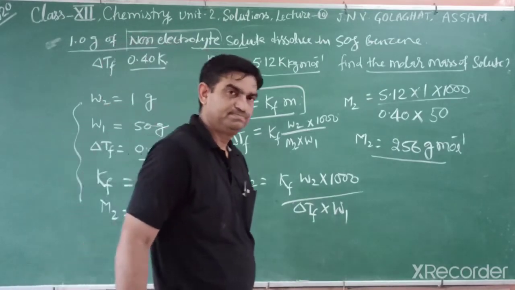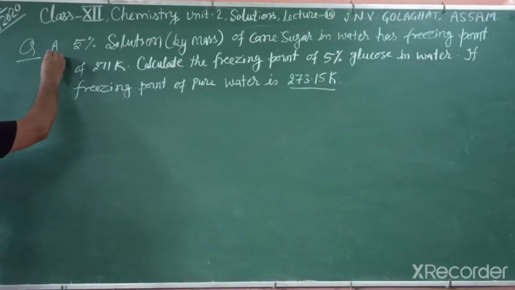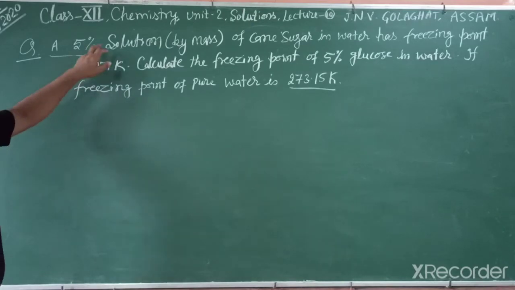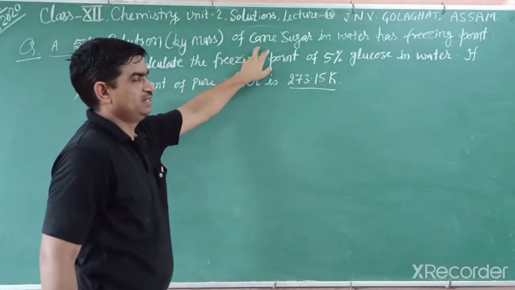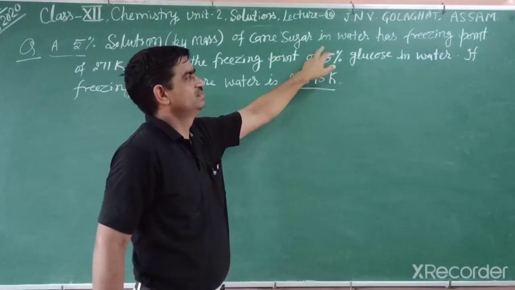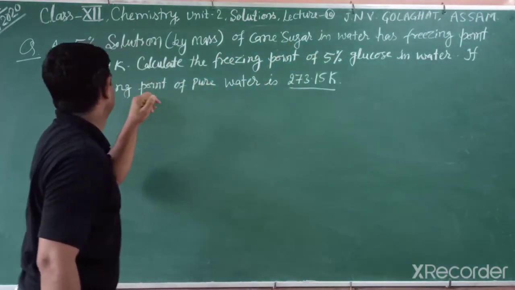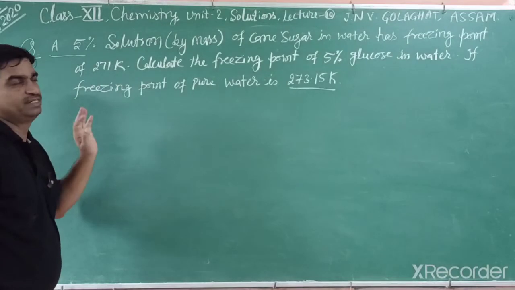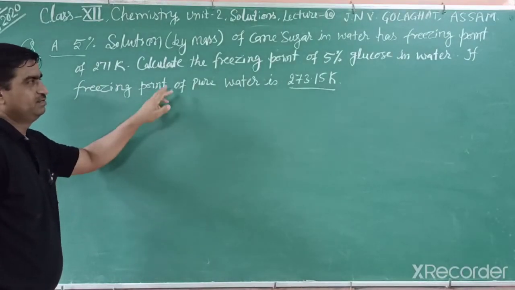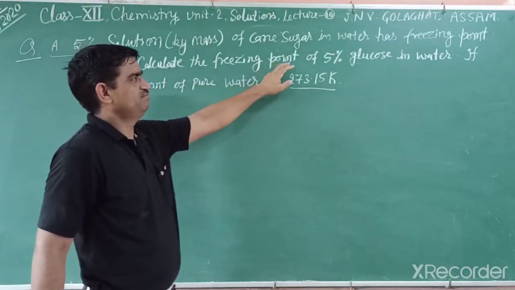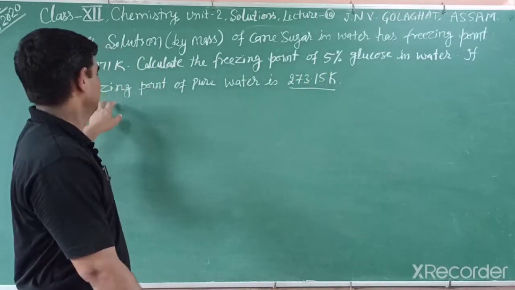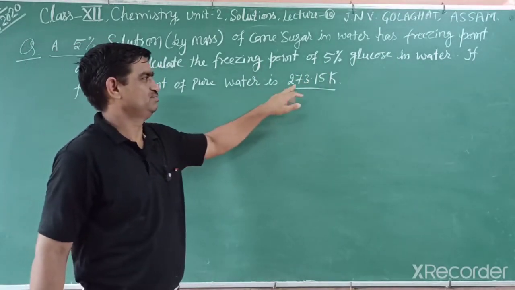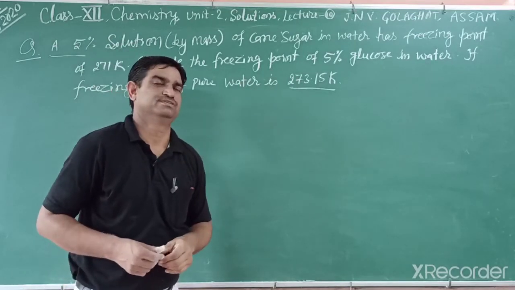Okay. The problem is this: a 5% solution by mass of cane sugar in water has a freezing point of 271 Kelvin. Calculate the freezing point of 5% glucose in water if the freezing point of pure water is 273.15 Kelvin.